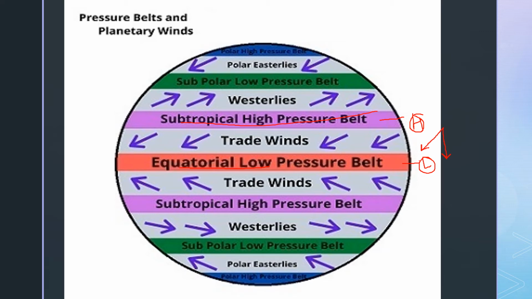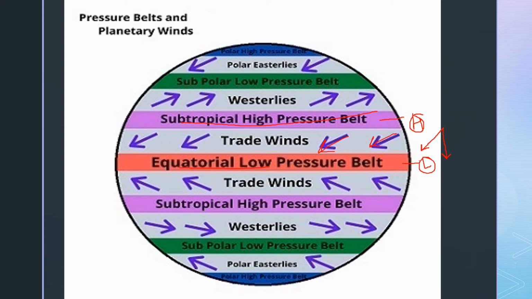We need to look at the direction in which the wind is actually flowing, and then deviate that wind to its right. So the direction of the wind will be this. Now this deviated to its right in the northern hemisphere. This is how the winds will be present in the region of the subtropical and equatorial belt. These winds are known as trade winds.